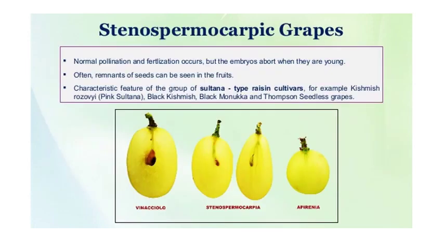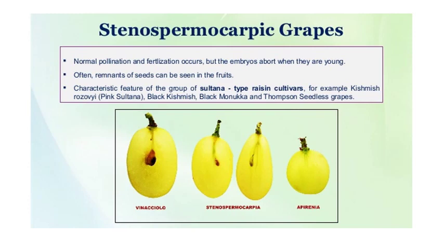In this slide is the example of stenospermocarpic grapes, in which normal pollination and fertilization occur, but the embryos abort when they are young. Often the remnants of seeds can be seen in the fruits.